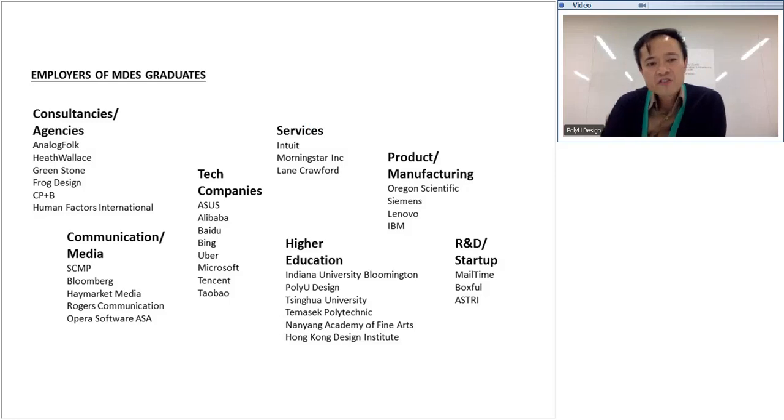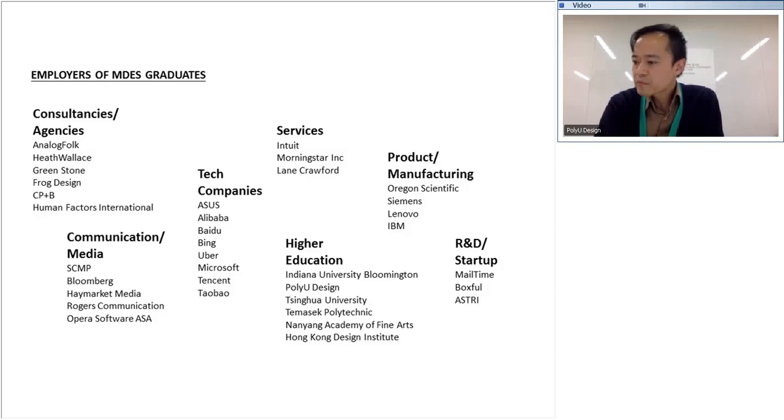And here are just a few figures that reflect our past MDes graduates. They go to different business sectors, say technology companies, design consultancies, manufacturing companies, and startups as well.